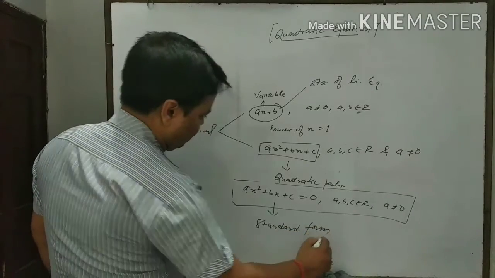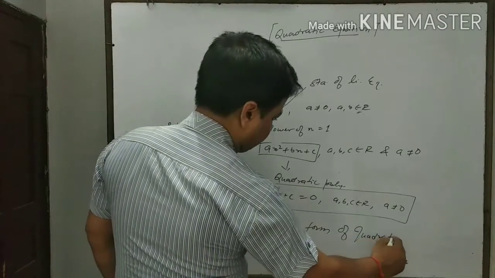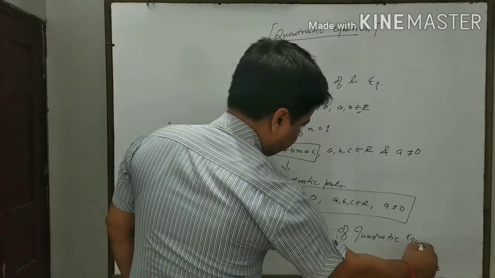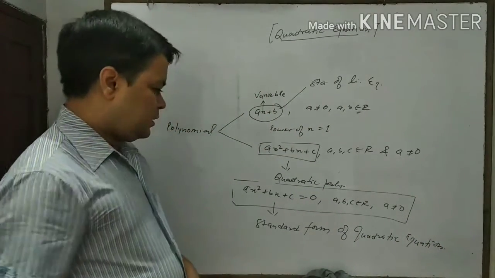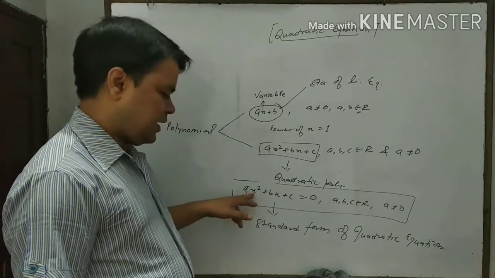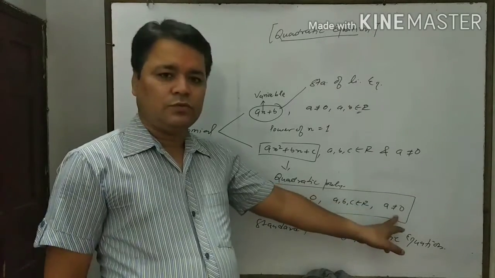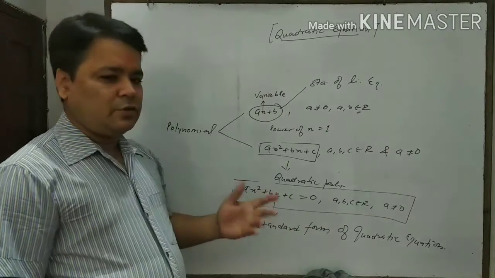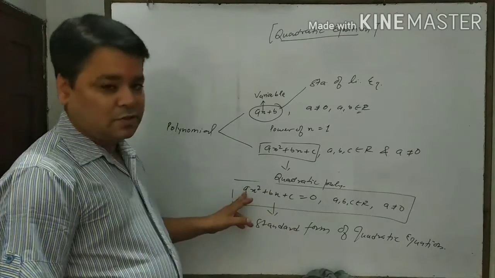Here the coefficient of x square, that is a, should not be 0. b may be 0, no problem. c may also be 0, but a should not be 0.